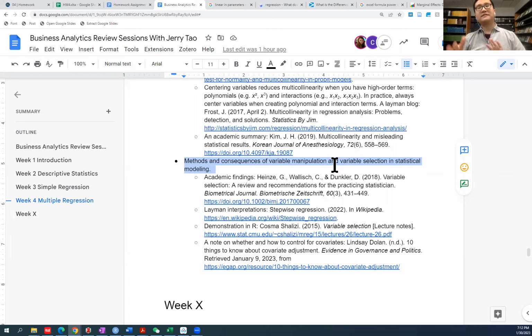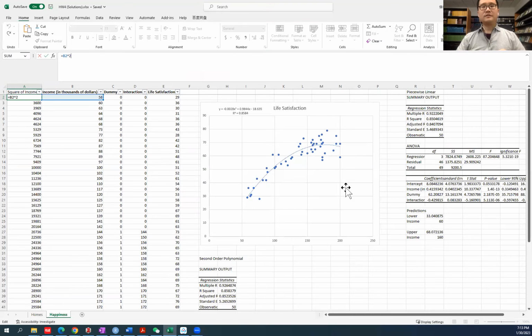After that, we could do variable selection to see which of the manipulated variables should enter a model. That does involve some intricate process, and there are still debates about what would be the best way to do so. However, there is still a lot of consensus about what are good ways versus bad ways to do variable selection. However, as we have learned already, a good starting point is simply plotting.